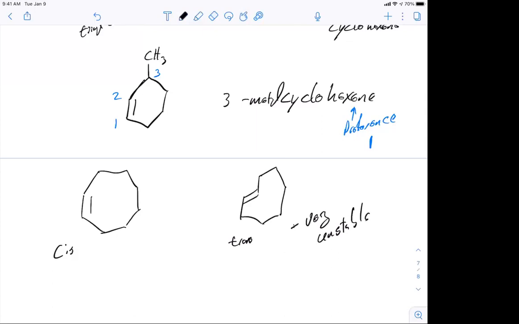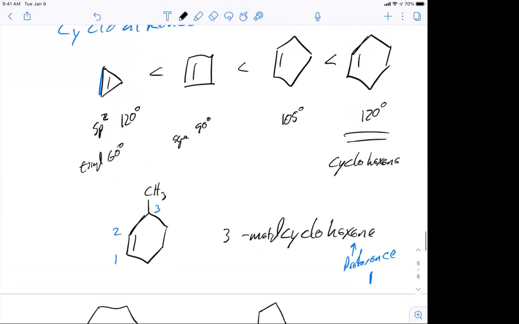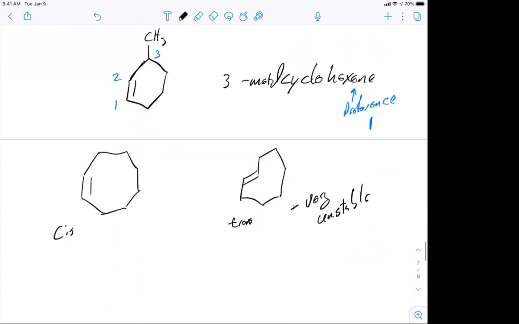Right. I have a big difference in whether something is cis or trans. If I look at my 3, 4, and 5 here, there's really no possibility for trans. It's always going to have to be cis. When I get to larger rings, depending on the ring structure, if I got the incredibly large rings, you might be able to have a trans that is pretty stable.